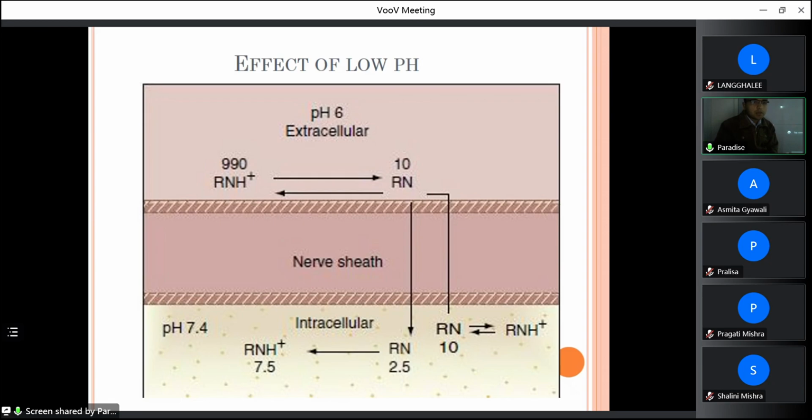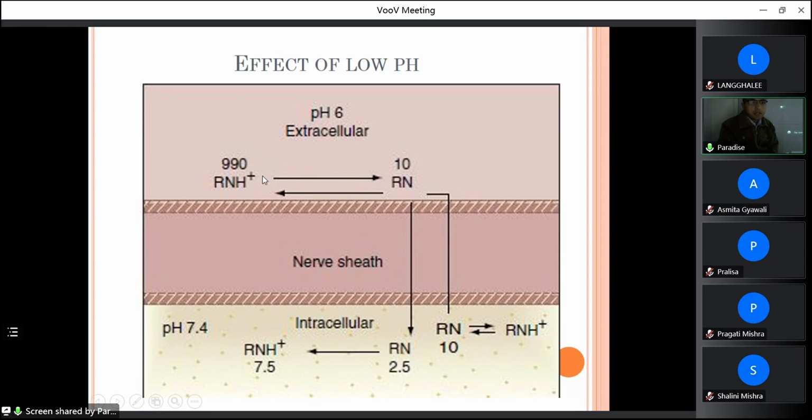That's why, let's say again you have deposited 1000 molecules of RNH+ ion, 990 molecules will be in the form of RNH+, and only 10 molecules will dissociate into RN. Because, as you know, in a reversible reaction in an acidic environment, the concentration of H+ ion is very high.